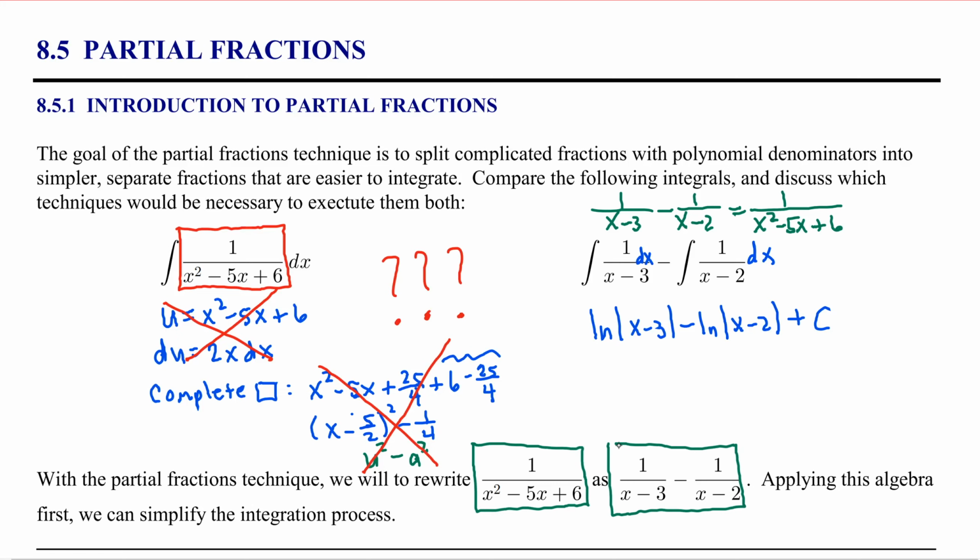So it's like going in reverse of getting a common denominator. You've learned how to take two separate fractions and get a common denominator and combine them into a single fraction. With the partial fractions technique, we're going to break down that more complicated fraction into its simpler components. When I do that, you can see it also simplifies the integration process. So this is the technique that we'll be learning in this section.